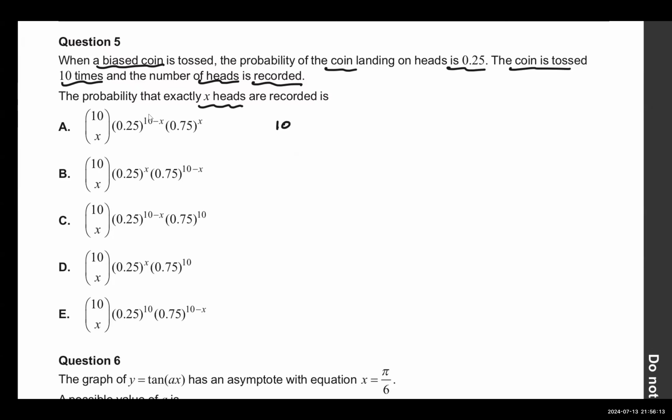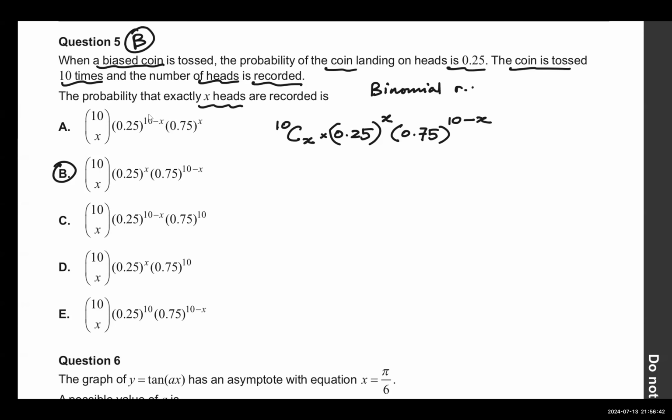Now, this is just telling you 10 choose X times the probability of success, which is 0.25 to the power X, and 1 minus p is 0.75 to the power of the rest, 10 minus X. So when you are browsing through the options, there is only one correct option, which is option B. Pretty much, this is a binomial distribution, okay? Binomial random variable.